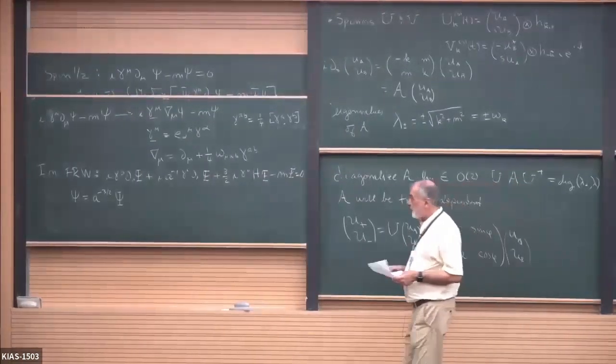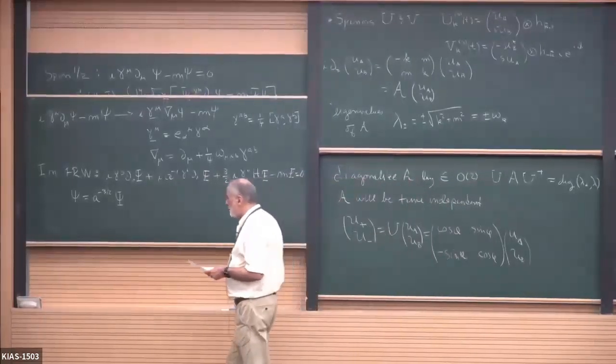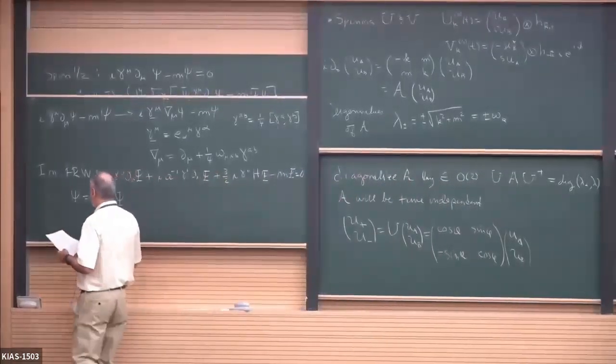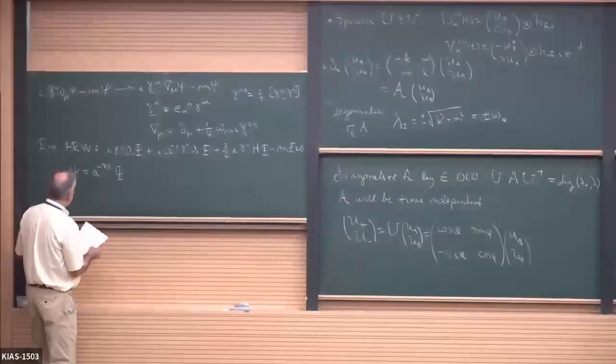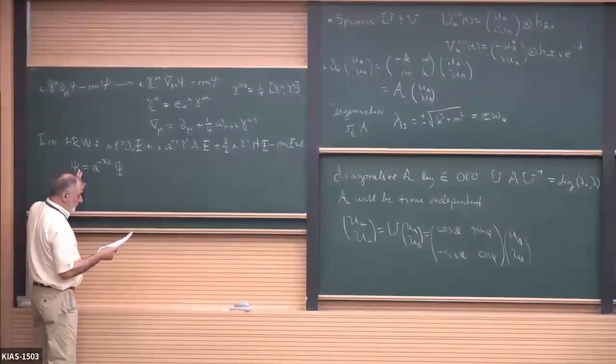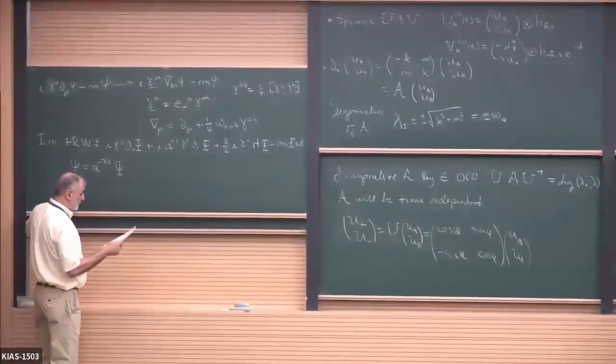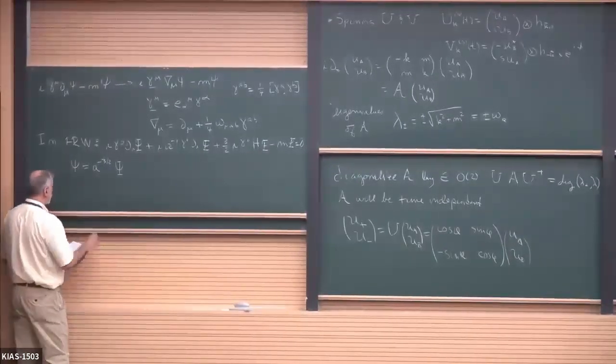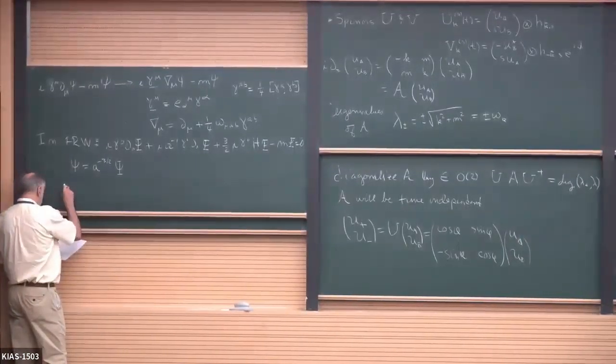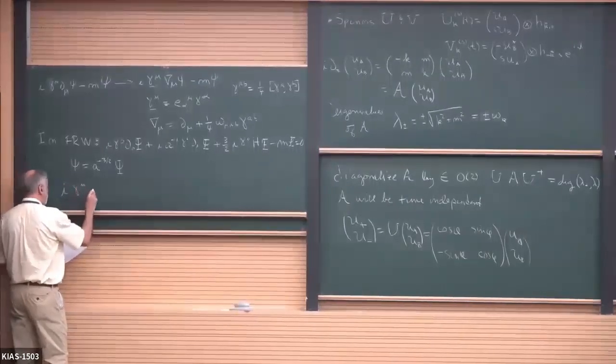So the Dirac equation in FRW in terms of this new spinor in conformal time looks really cool, and pretty much simpler.